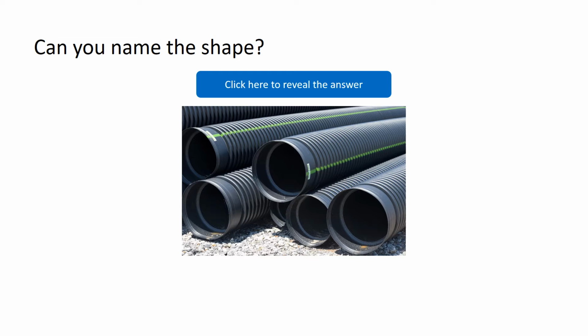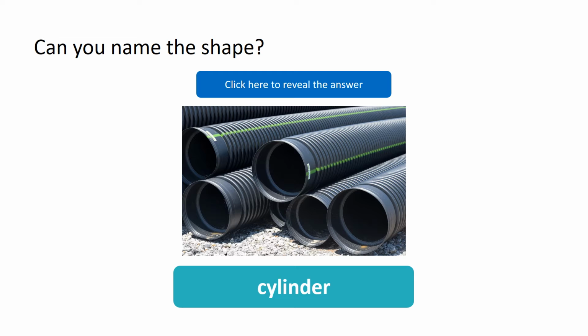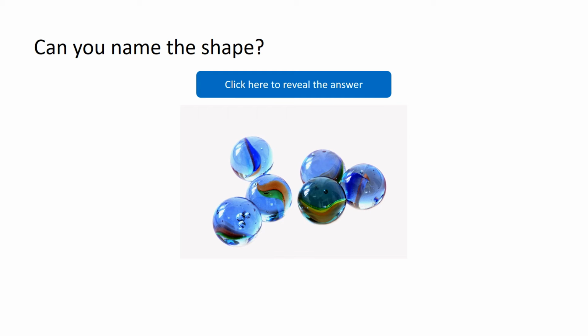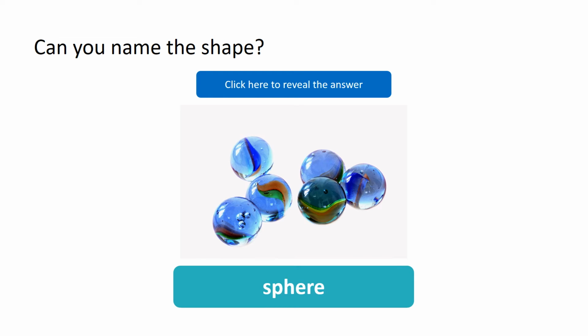What shape are these tubes? They're cylinders. And what shape are these marbles? They're spheres. And remember, if we cut it in half, we can call it a hemisphere.